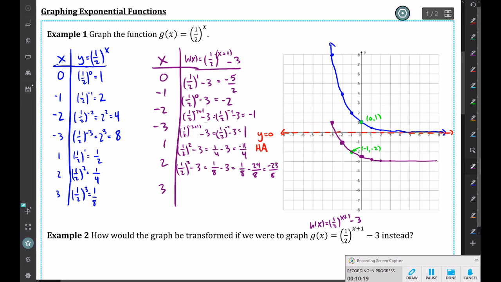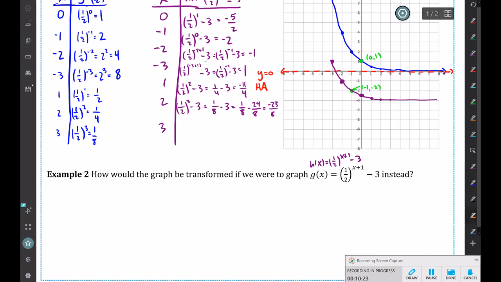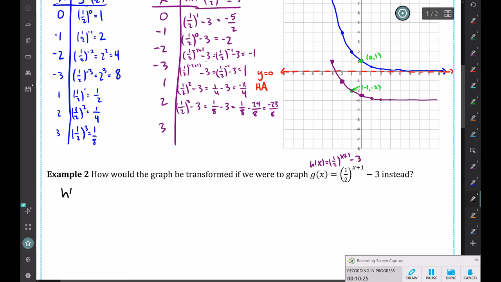Now let me talk about how you could get this from shifting. We have h of x is 1/2 to the x plus 1 minus 3. Notice that if x equals negative 1, then h of negative 1 is 1/2 to the 0 minus 3.